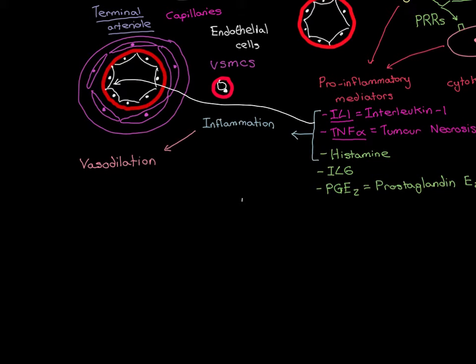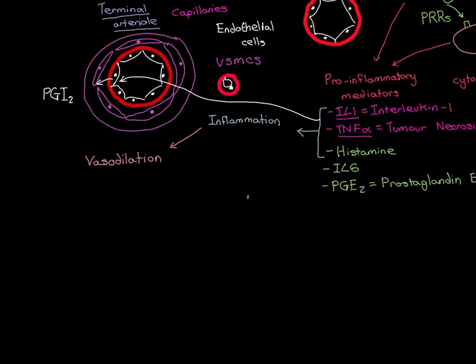They'll make their way through the outer layers of the wall and into where the endothelial cells are, and they will act on receptors on the endothelial cell membranes. And what they will trigger is they'll trigger the endothelial cells to start producing another molecule in turn, which will be released and will diffuse back to the vascular smooth muscle cells. And this molecule is another prostaglandin by the name of prostaglandin I2, also called prostacyclin.